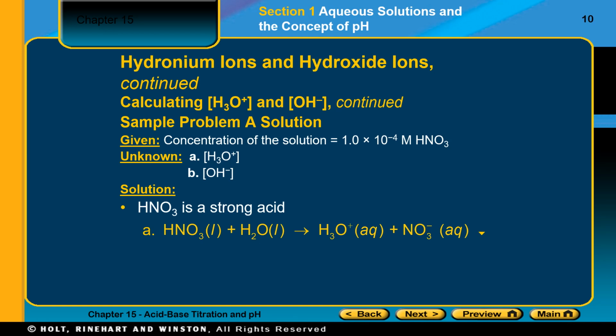The nitric acid, the HNO3, is going to donate its proton to water, forming the H3O+, and what remains of the nitric acid will be an NO3 negative that we see over on the right. And this equation is balanced, so that means for every 1 mole of HNO3, I get 1 mole of H3O+ and 1 mole of NO3 negative. They're all in a 1-to-1 ratio.